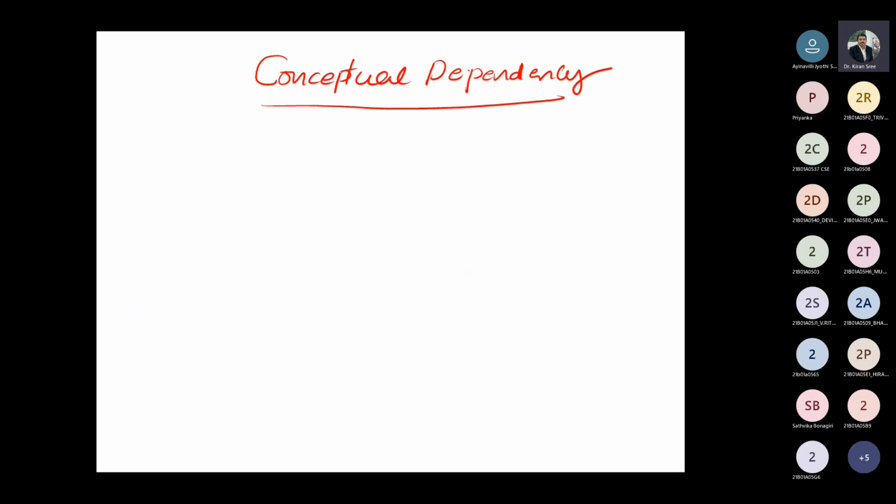So what is the main aim of conceptual dependency? Whatever language you talk, whether you express yourself in English or Telugu or Tamil or Chinese or any other language, if the meaning of the statement is same, the knowledge representation must also be the same.